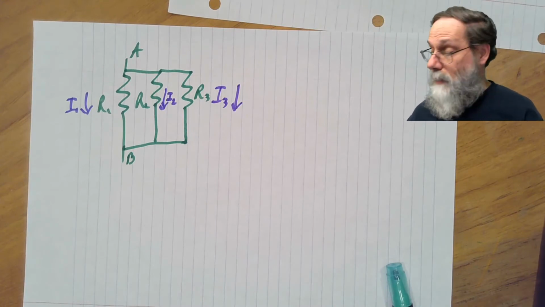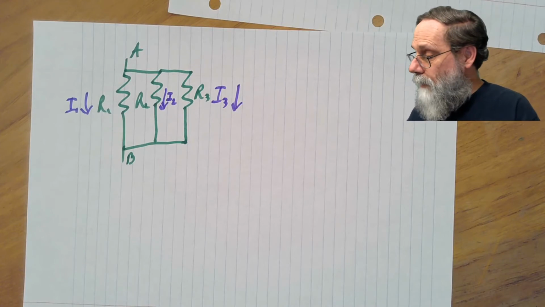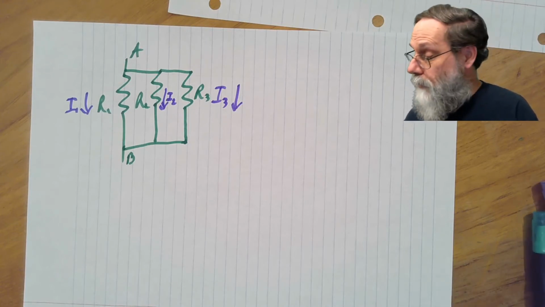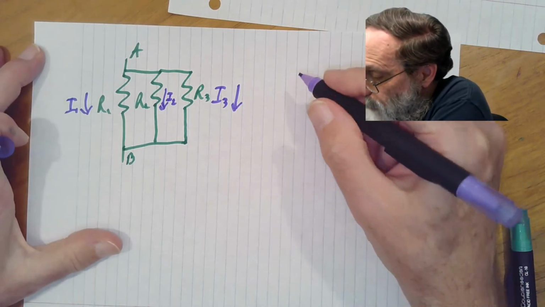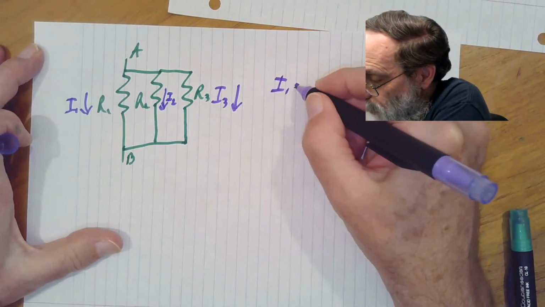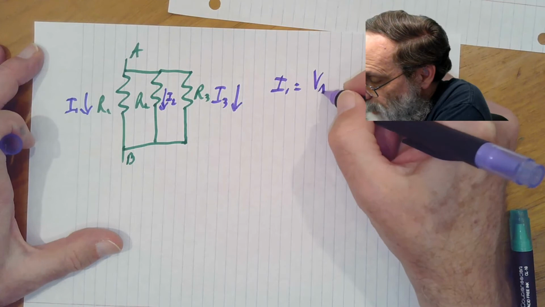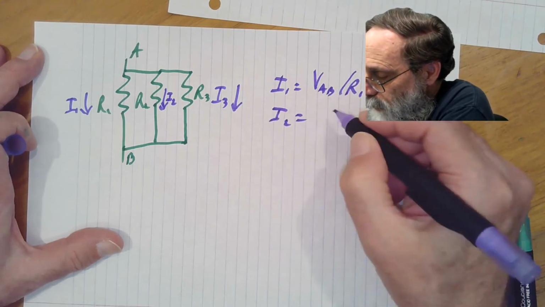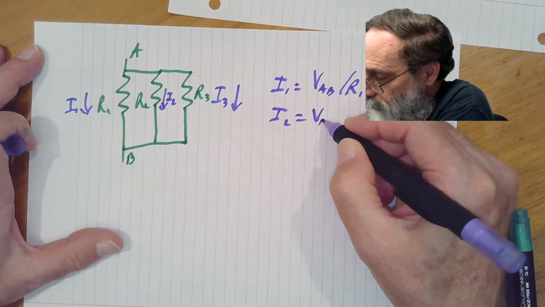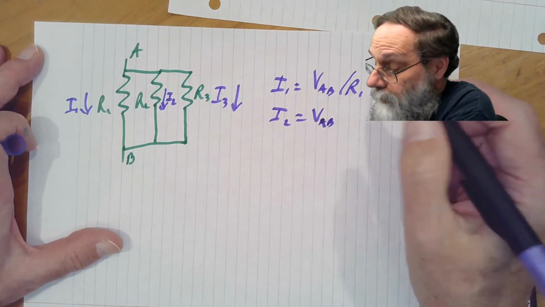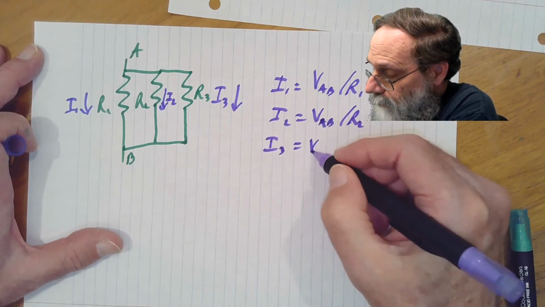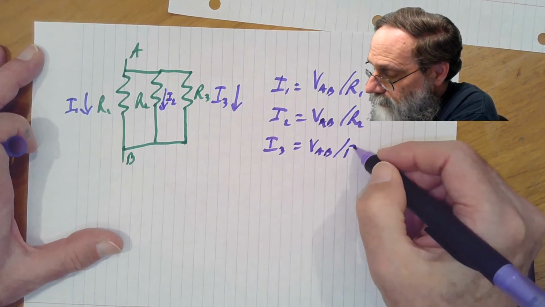What does Ohm's law tell us? Well, let's write it this time in terms of the currents instead of the voltages. We have I1 is voltage AB divided by R1. I2 is voltage AB, only got 1 voltage, divided by R2, and I3 equals voltage AB divided by R3.